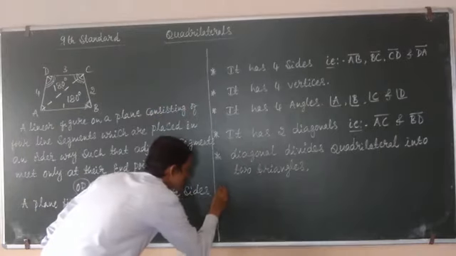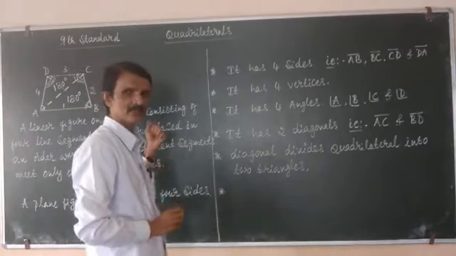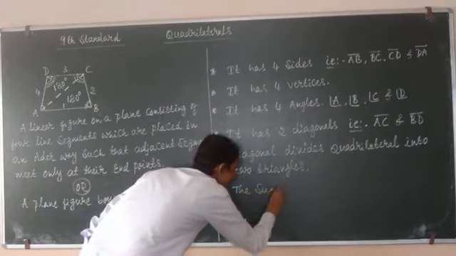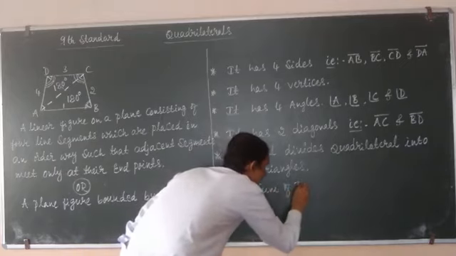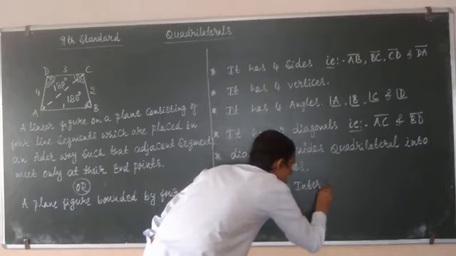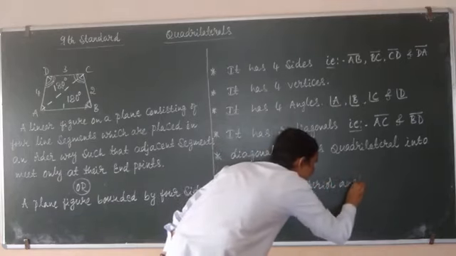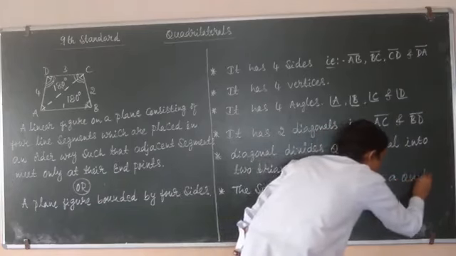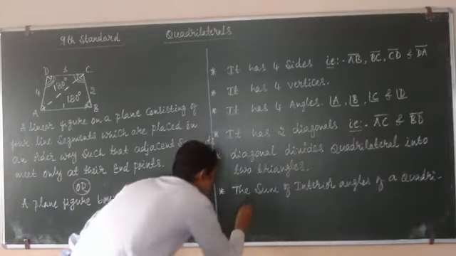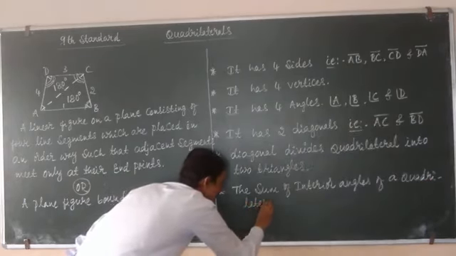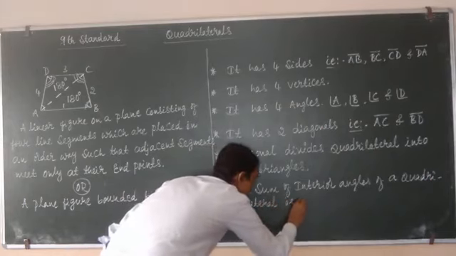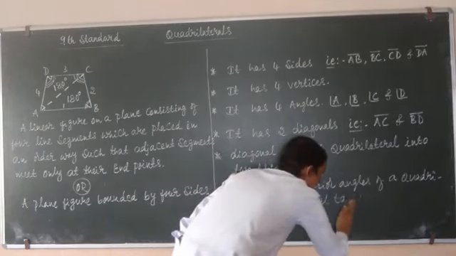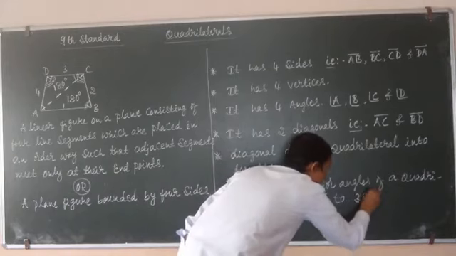So under this point, we are going to know that the sum of interior angles of a quadrilateral is equal to 360 degrees.